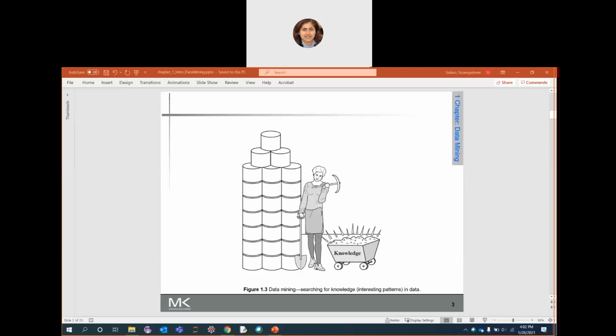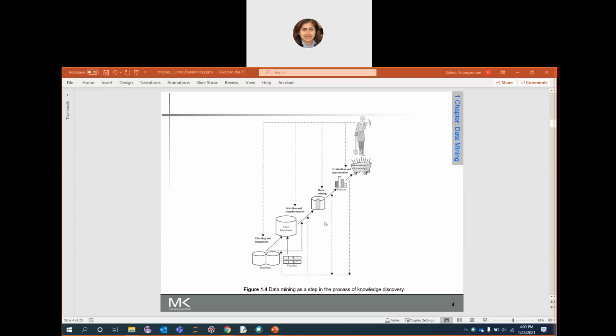Then, as we have seen, data mining is mostly extracting meaningful or interesting patterns from a large amount of data. This is what the picture explains, and the brief steps of data mining are, there are a total of 7 steps, already specified in this picture.